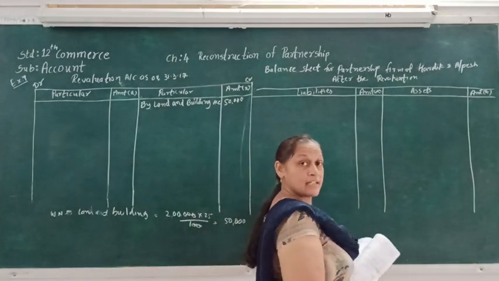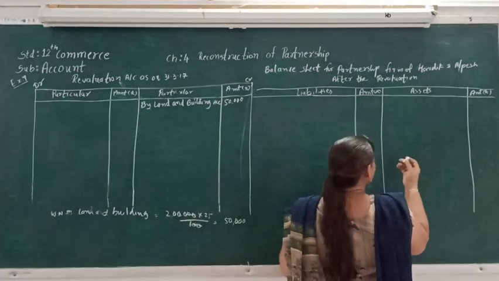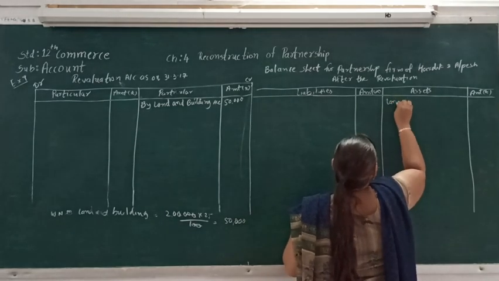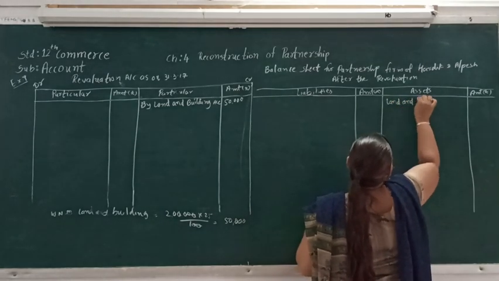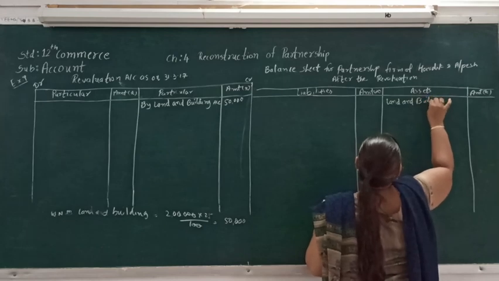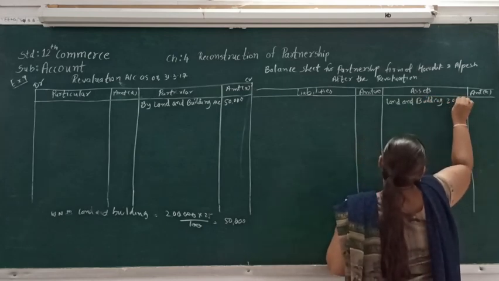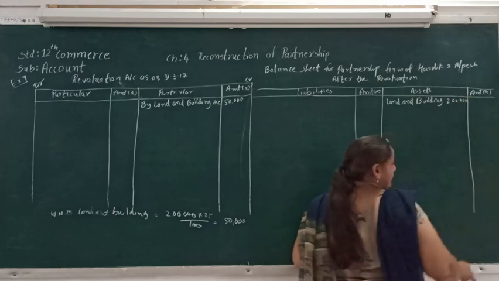So that is 2 lakh plus 50,000. So here land and building, before it was 2 lakh and it was increased by 50,000.